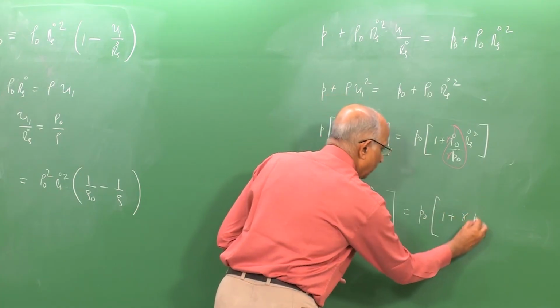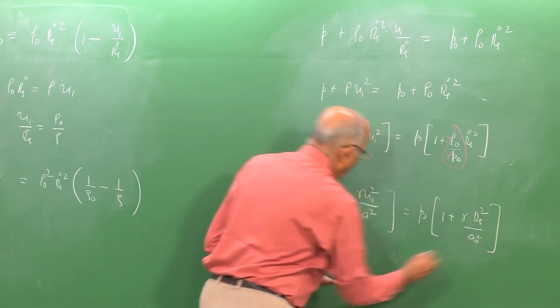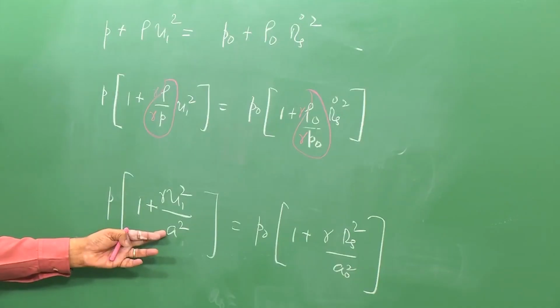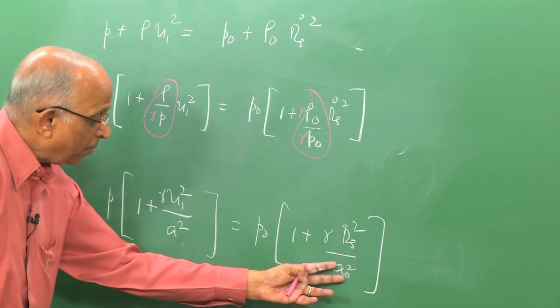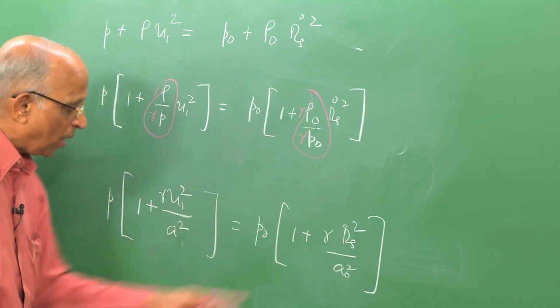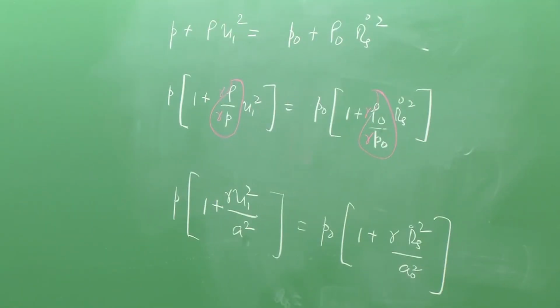r s dot square divided by A 0 square, and now we know u 1 by A is the Mach number behind, which is m. r s dot, mind you this is r s dot, divided by A 0 is equal to m s, the shock Mach number, and therefore the momentum equation now becomes, let us write it.